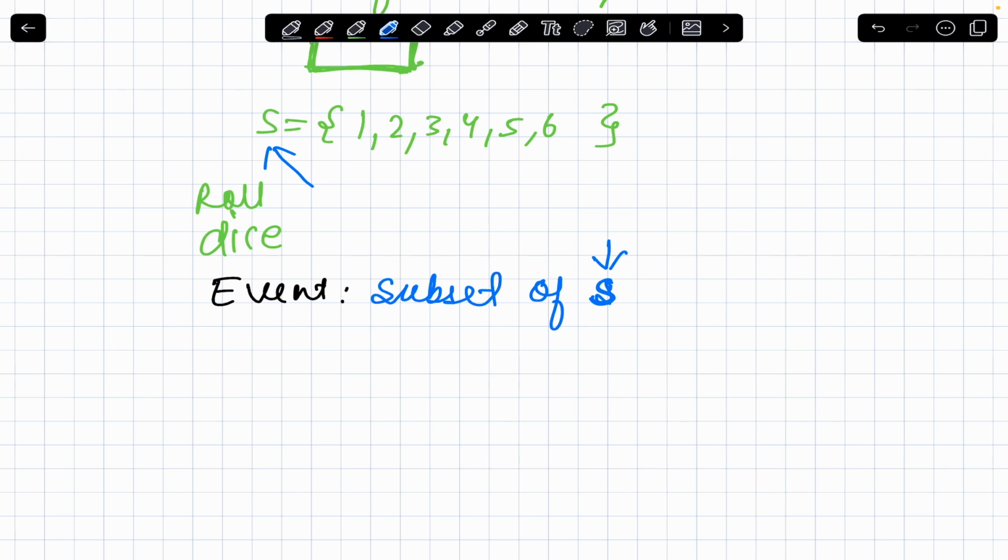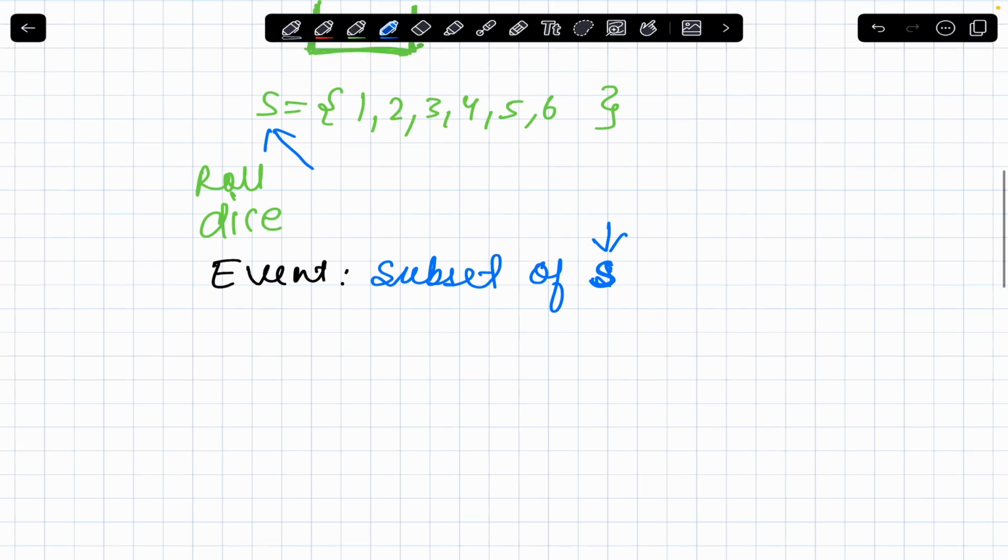What I'm trying to say here is that an event is a possible outcome from the sample space, and the sample space is the list of all the possible outcomes. So the event is actually a part of the sample space.